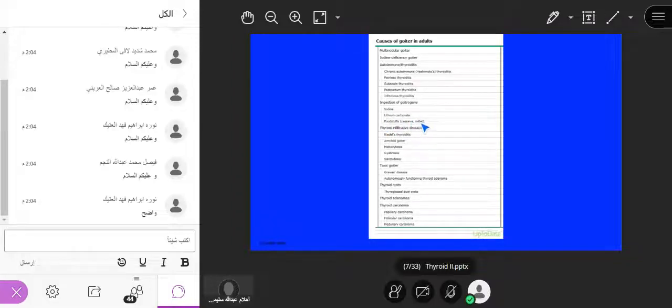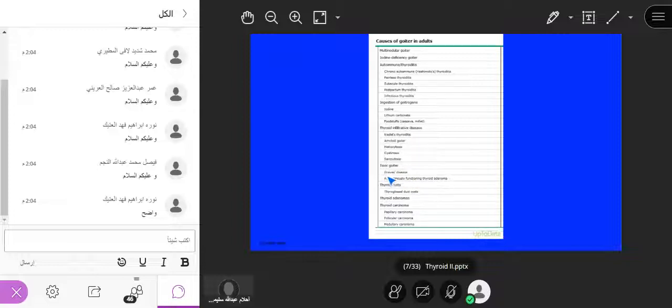Certain foods like cassava, millet, broccoli, and cauliflower in large amounts, not just a simple amount of millet. If you have that in small amounts with dates, it's okay, but a large amount of millet or cauliflower will cause goiter. Infiltrative diseases like thyroiditis, IgG4 disease, amyloid, histiocytosis, or sarcoidosis, so any infiltration with an inflammatory process.